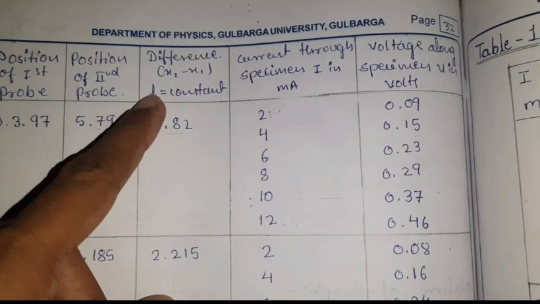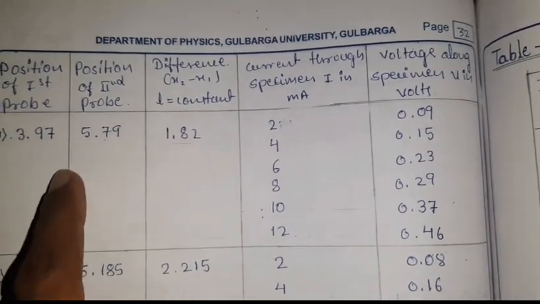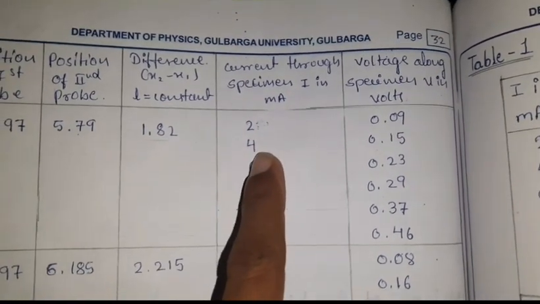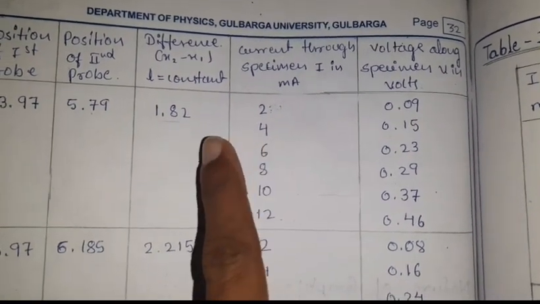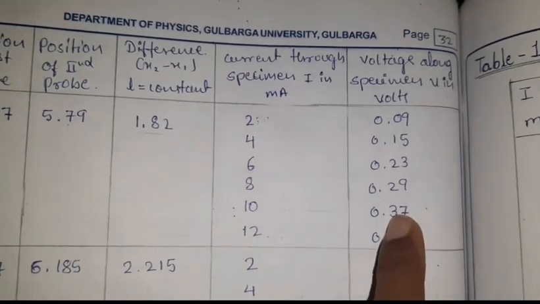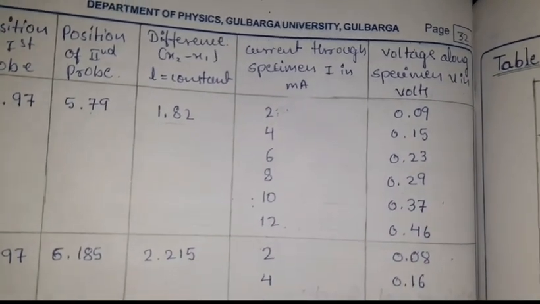Then you have to take the difference of the length between first probe and second probe, and simultaneously you should note down the current through the specimen in the ammeter, and voltage you should note down from the digital multimeter.